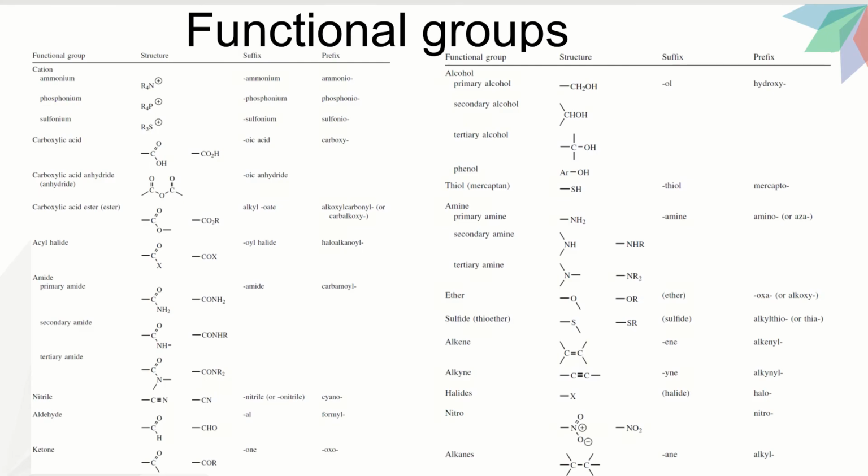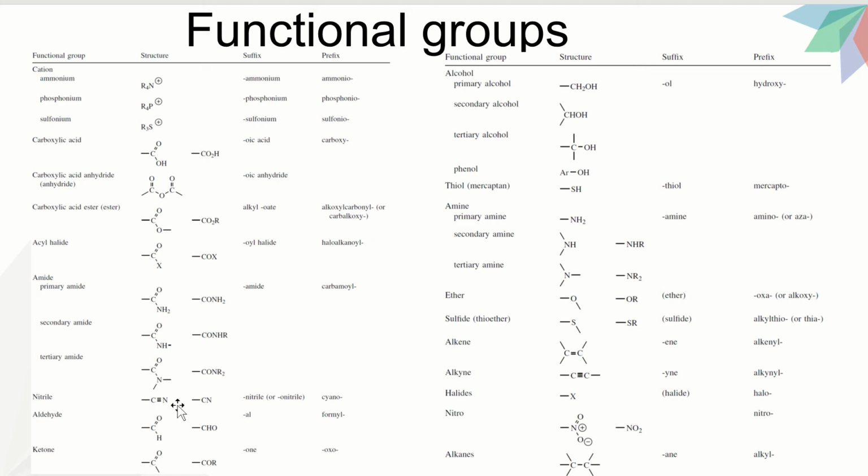Great. The next thing that we're going to look at is functional groups. From high school we have been introduced to functional groups. We know about our carboxylic acids, for example. We know about our amides, and this list looks very long, but it actually really isn't. For the primary, secondary, and tertiary amide here, for the primary there are 2 hydrogens attached to the nitrogen, 1 for the secondary, and no hydrogen for the tertiary.